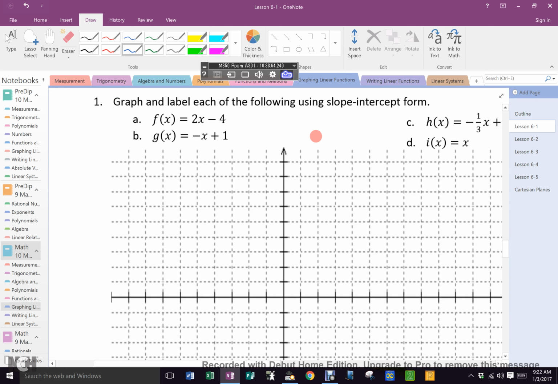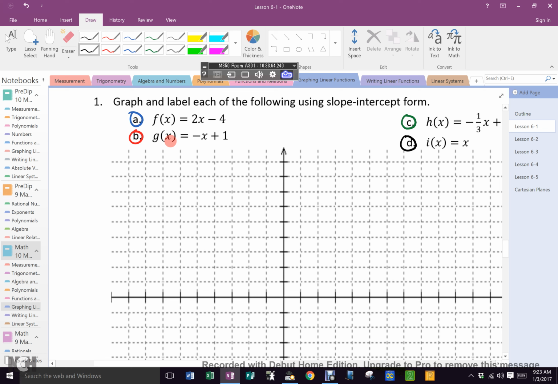And this says to graph and label it. So how many lines will have to go on this graph? 4. Yes? A, B, C, and D. Is this already set up to graph for us? Yes.